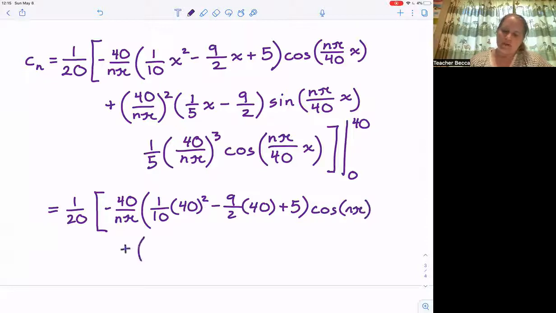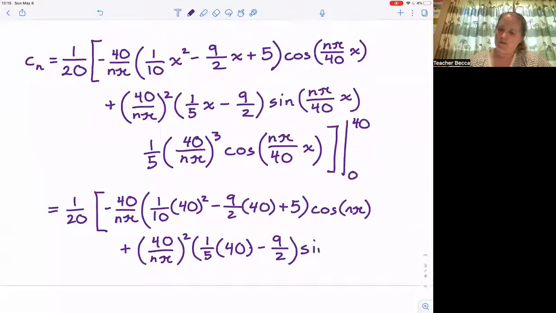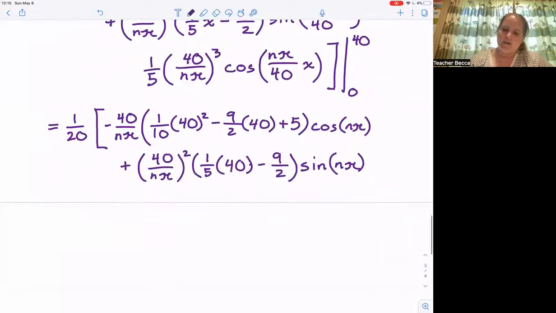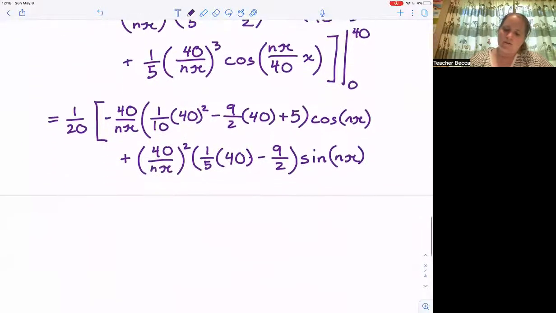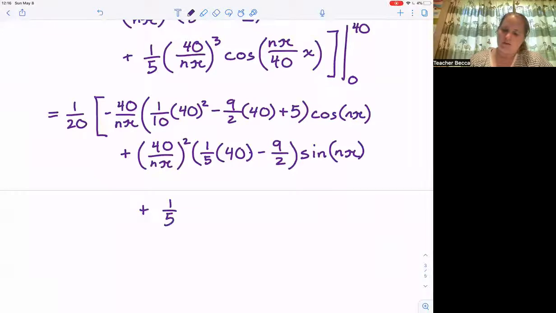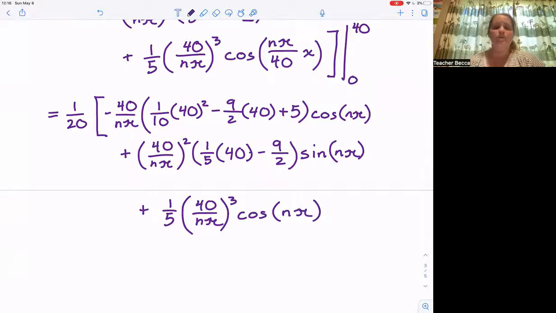Then we have a plus 40 over n pi, entire thing squared, times a 1/5 times 40 minus 9/2, all multiplying sine of n pi. Then we have a plus 1/5 times 40 over n pi, entire thing cubed, times cosine of n pi. This was just the plugging in 40 term.